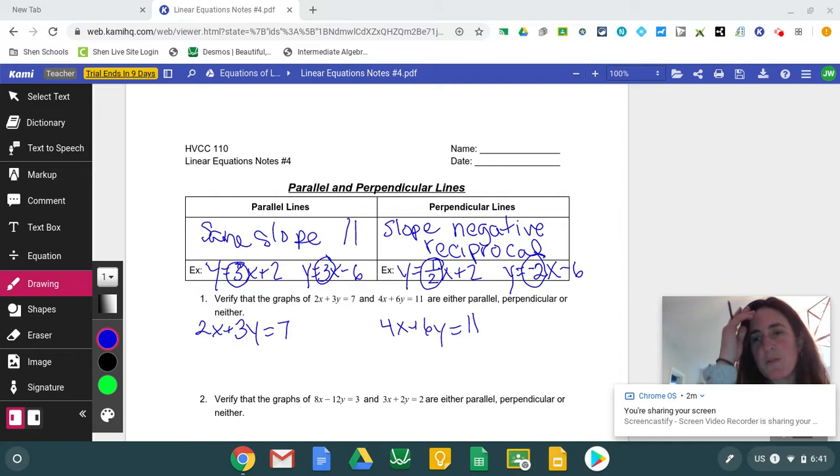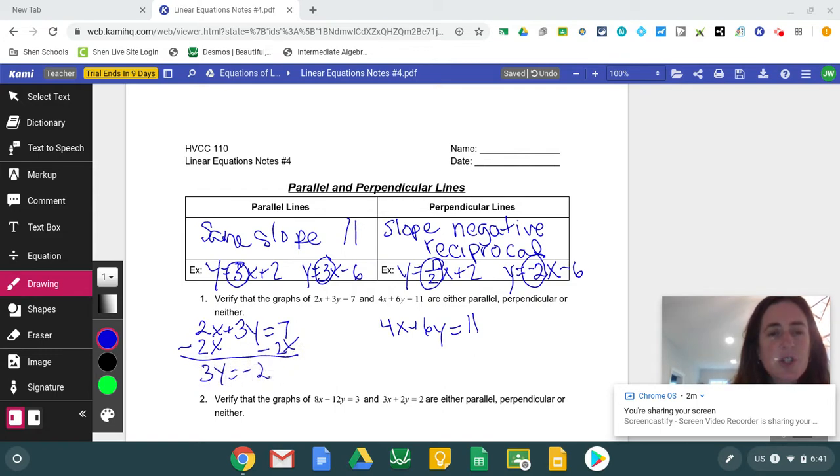So I'm going to subtract 2x to the other side first. So I have 3y equals negative 2x plus 7. I'm going to divide everybody by 3, and I don't really care what that y-intercept is, as long as I know m is negative 2/3.